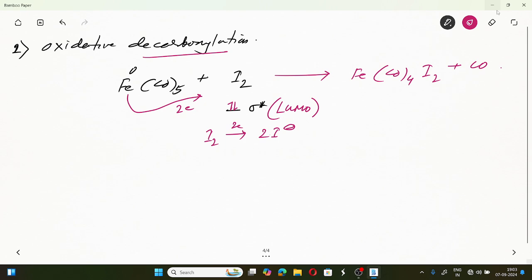This is an example of an oxidative decarbonylation reaction.